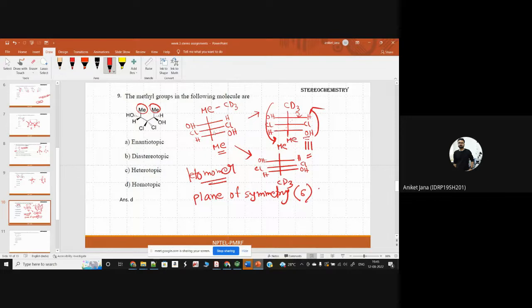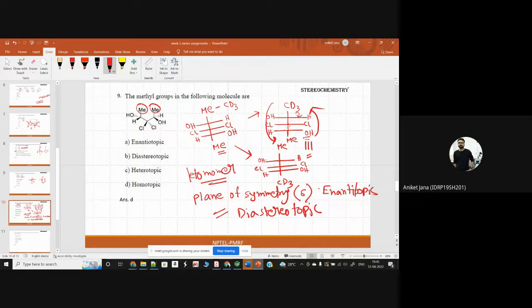The molecule is homomer and the groups are homotopic. If a plane of symmetry like a sigma plane is present, then they are enantiotopic. And if no symmetry element is present, then they are diastereotopic. Is that clear? Yes, sir.